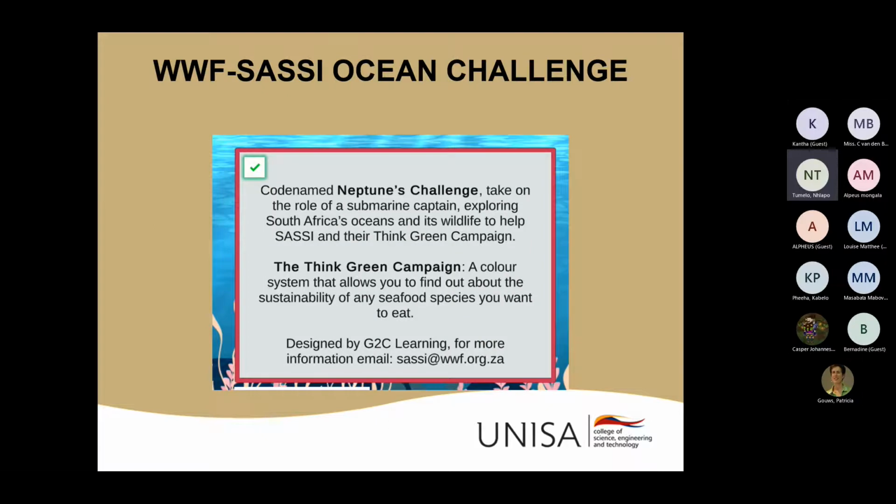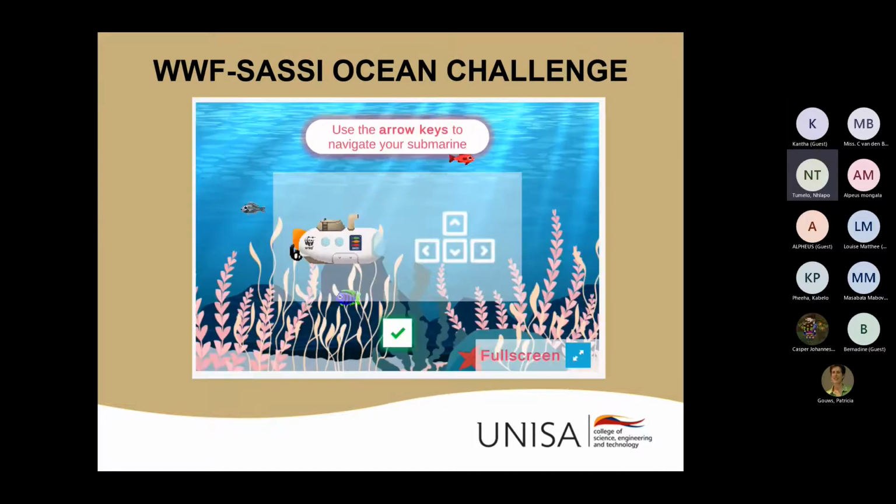The game, code named Neptune's Challenge, takes on the role of a submarine captain exploring South Africa's oceans and its wildlife to help with the Think Green campaign. The Think Green campaign is a color system that allows you to find out about the sustainability of any seafood species you want to eat. There's the information for further details.